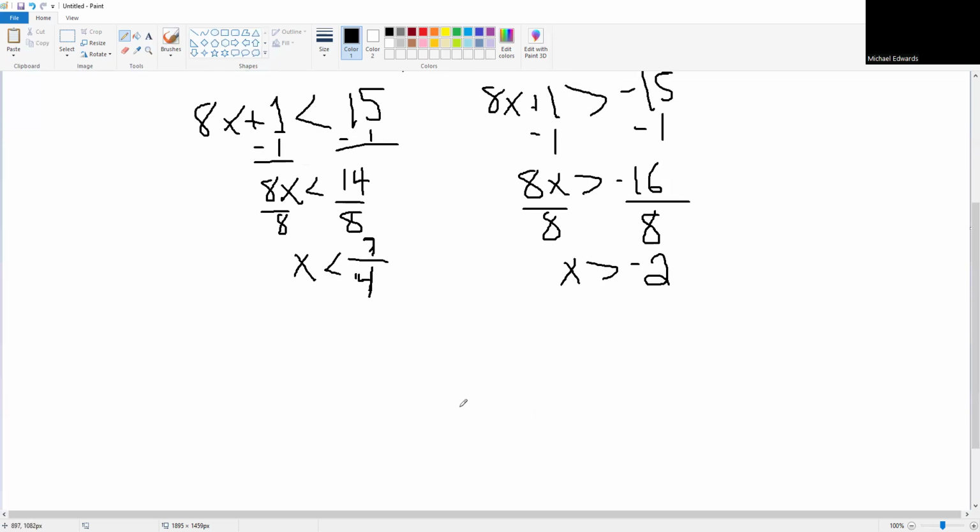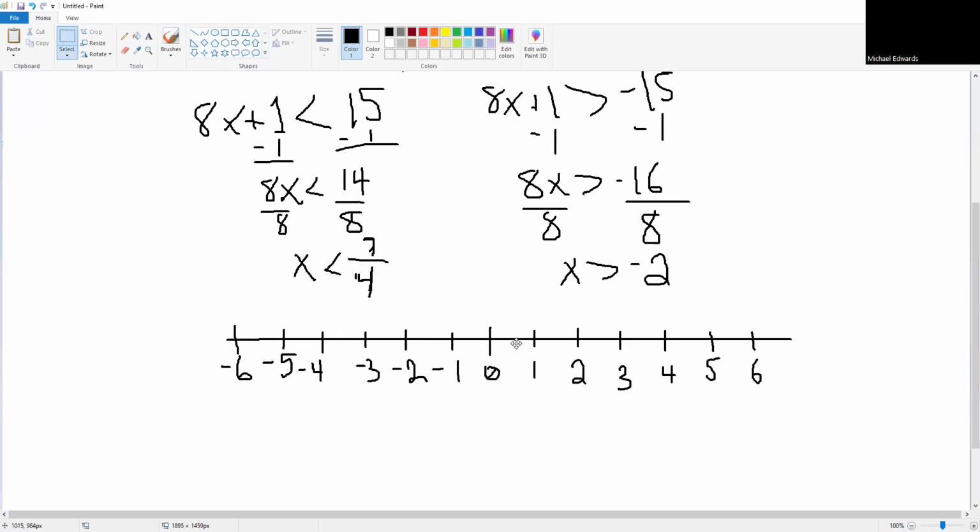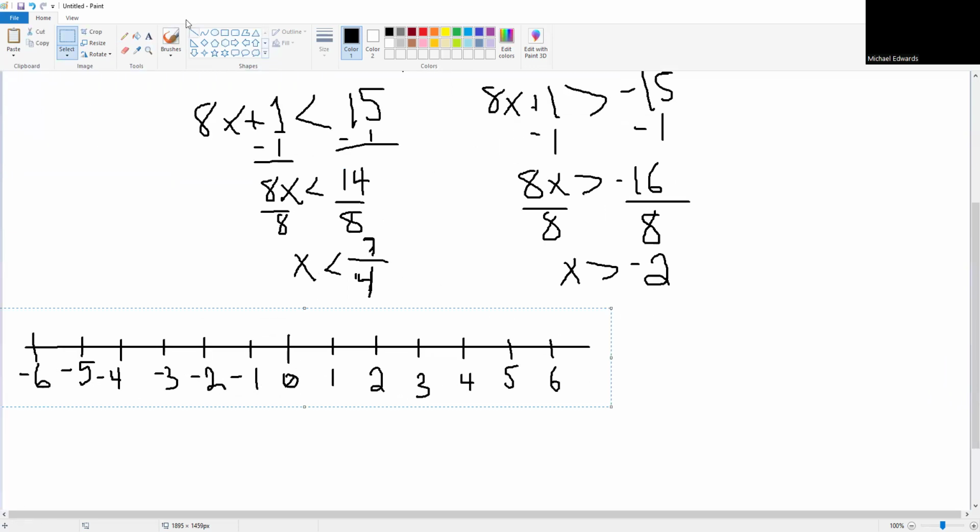Well, let's graph this. This should be fun. Okay. So x is less than 7/4. This is a positive 7/4. And in my imagination, 7/4 is somewhere close to the end of here. So let's just write it as open because this is just a less than. And x is less than. So, let's go less than.